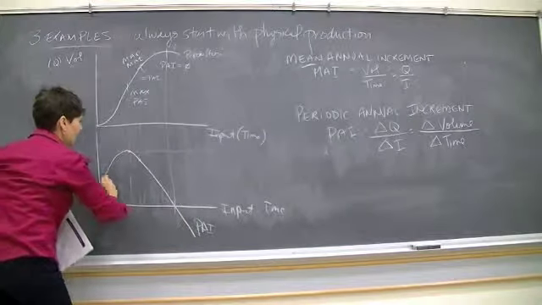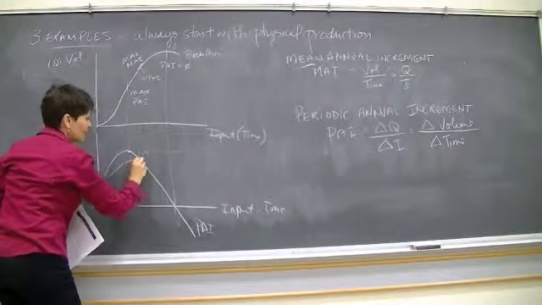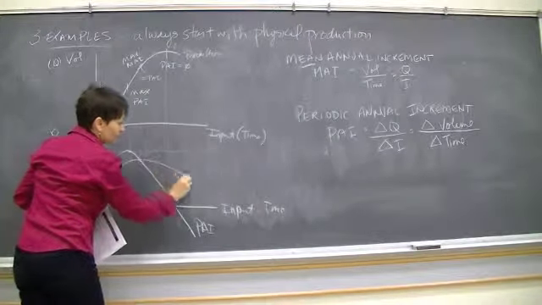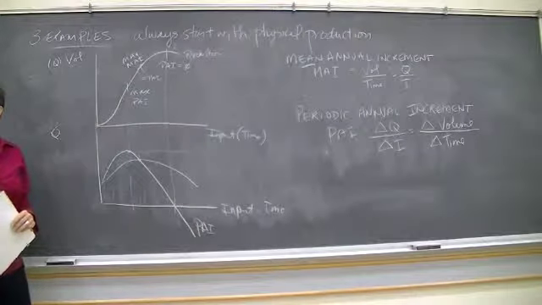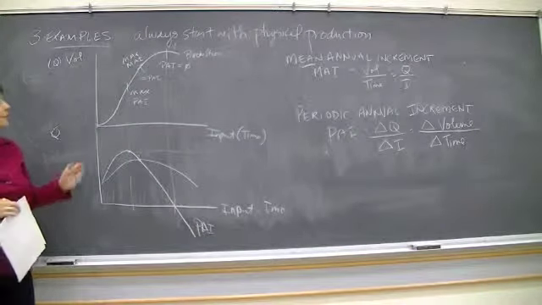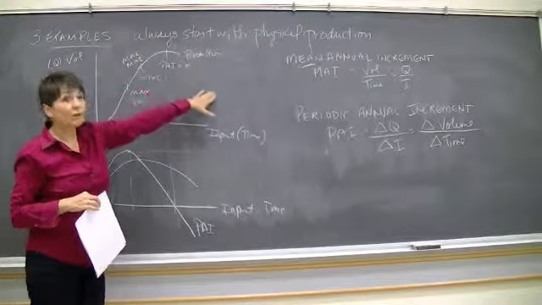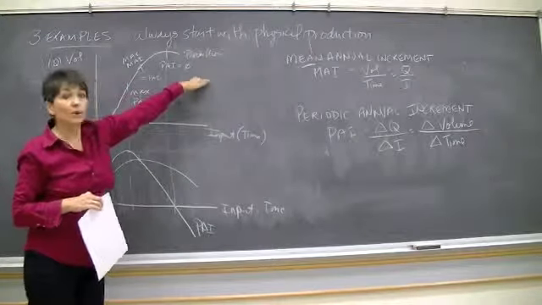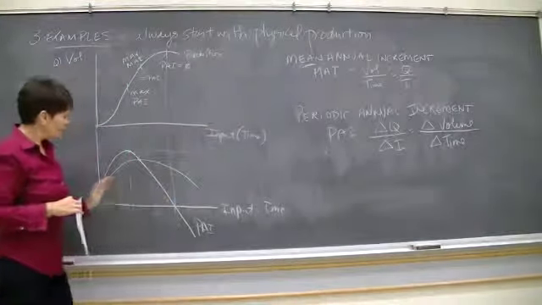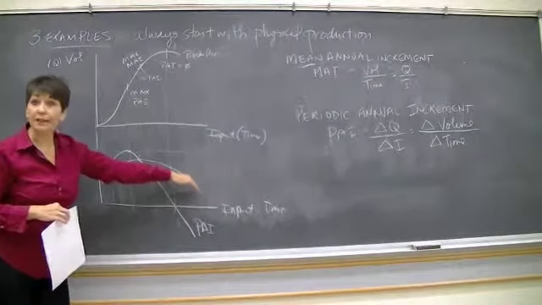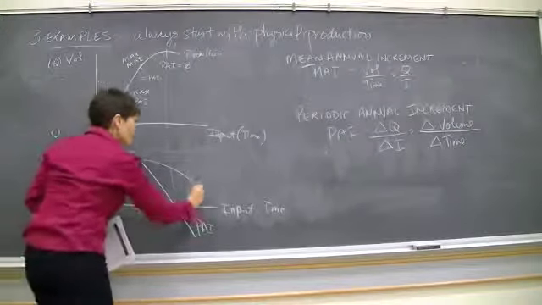And I know that mean annual increment, or the average, increases to that point, and then it decreases. But it doesn't go negative. Because even though you've got falling volume, you still have a positive volume and time. So it goes up to some point, and then it starts going down again. So this is the mean annual increment.